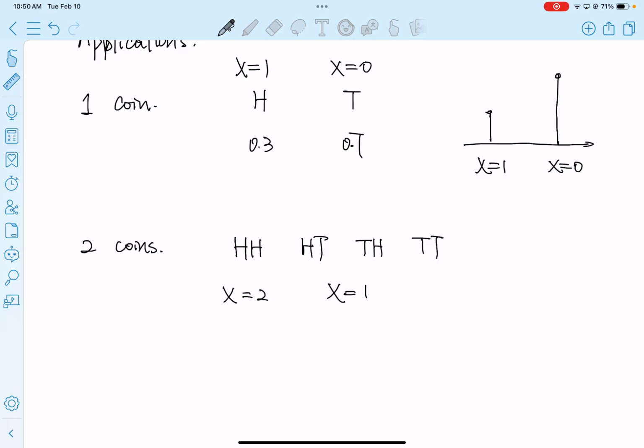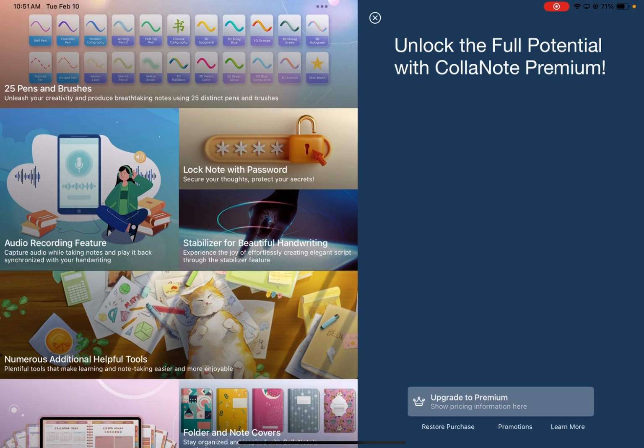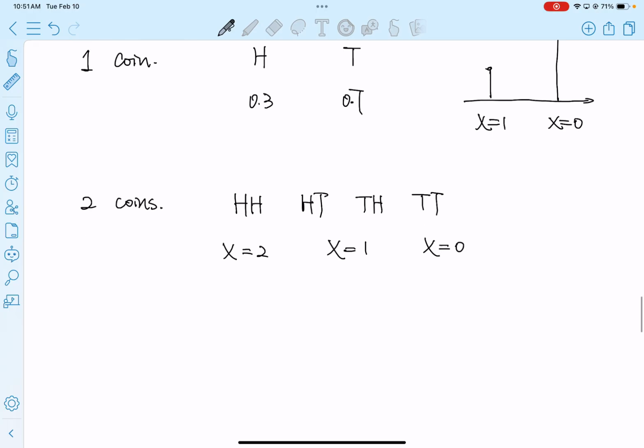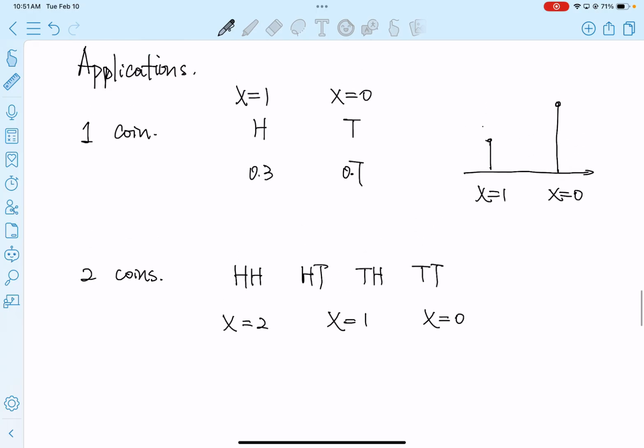And for the last one, we don't have any head, so we observe 0 heads, that is two tails. So we write x equal to 0 as the numerical representation for that particular outcome. Maybe let me also put in the values: this is 0.3, this is 0.7.